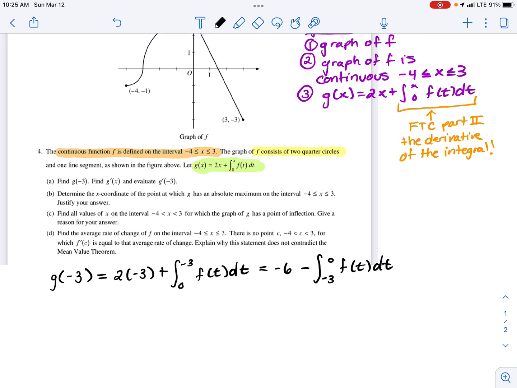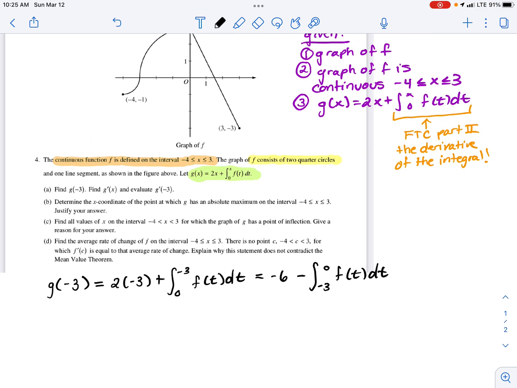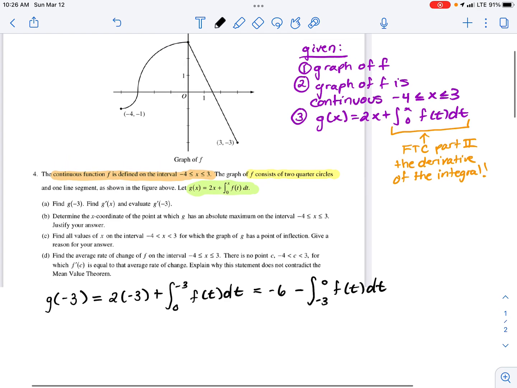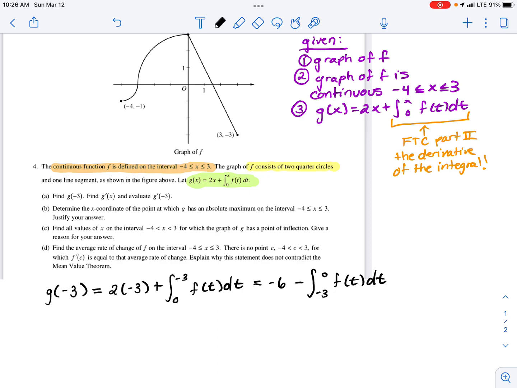And now we have to look back at what we have in terms of actually finding this integral from -3 to 0 of f. Since we have the graph of f, we don't have the function f. If we did have the function f, then we would just find an antiderivative and plug in the bounds.